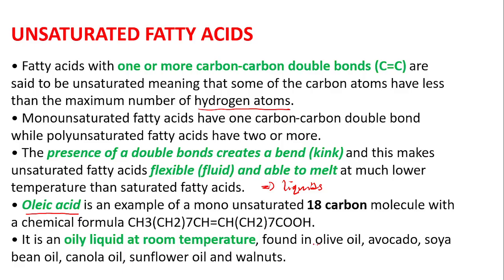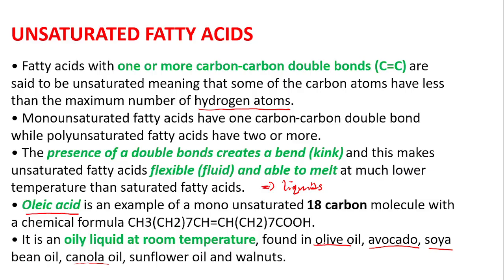You can find them in olive oil, in avocado, in soya beans, in canola oil, in sunflower oil, and also in walnuts. If you look at the unsaturated fat acids, these are healthy fat acids, these are healthy foods.